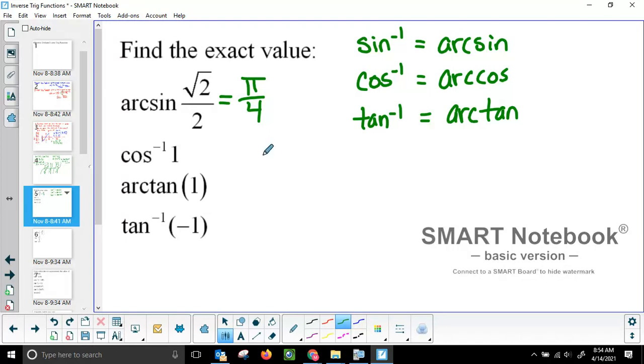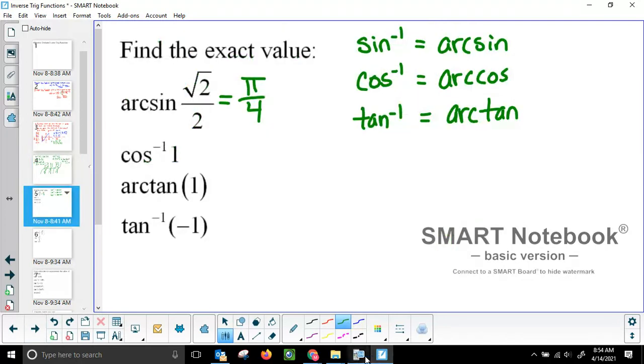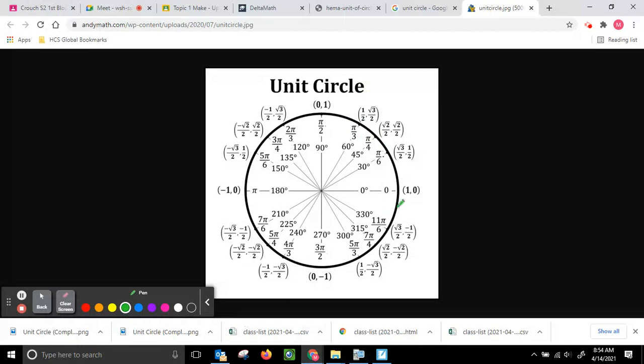All right, so inverse cosine of 1. Well, inverse cosine goes from 0 to pi, which is the top half of the unit circle. So all I have to do is look at my unit circle again and say, okay, only looking at the top half of the unit circle, where is my cosine 1?